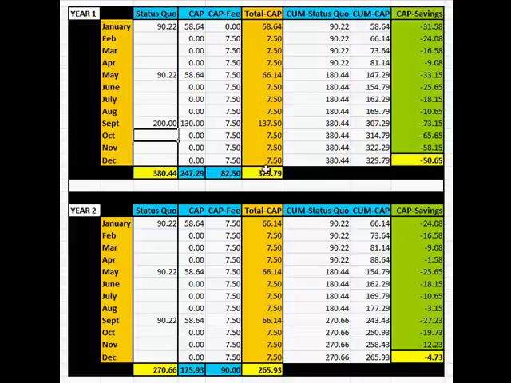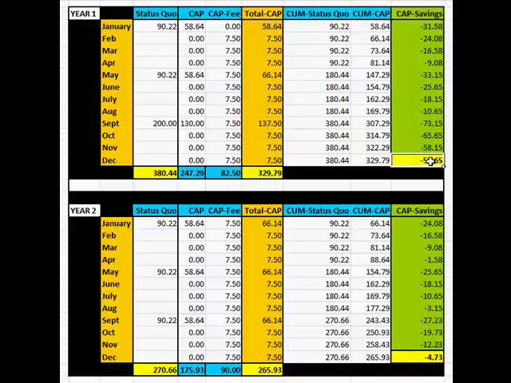Then you can see under the status quo, you would pay a total of $380.44 for the year, and $200 for that particular visit. But under the CAP program, $200 would be a 35% discount. Yes, you would pay $130. There's the monthly fee of $7.50 for a total cap payment in that particular amount of $137.50.